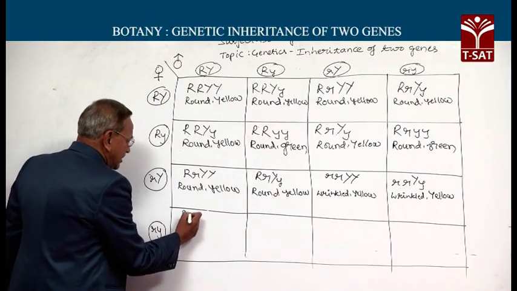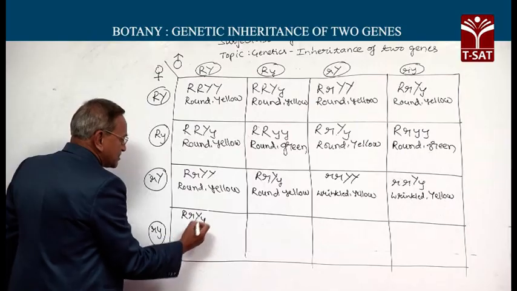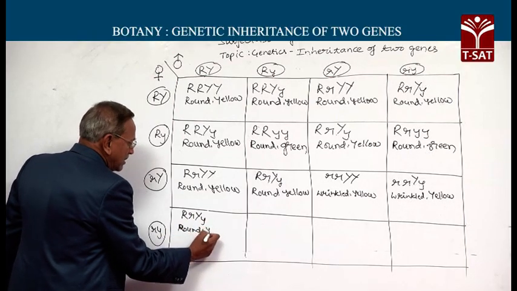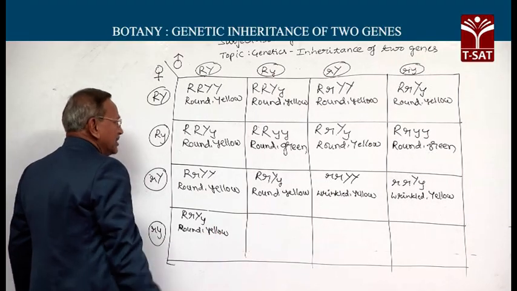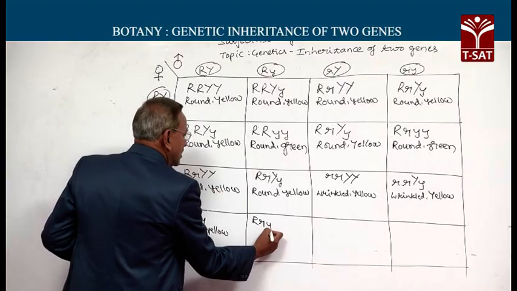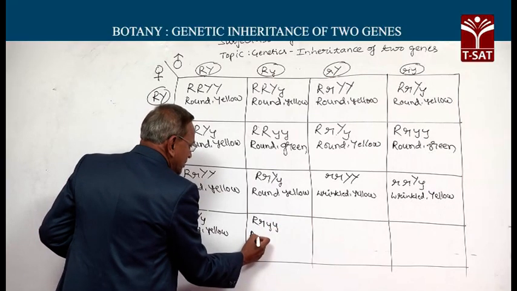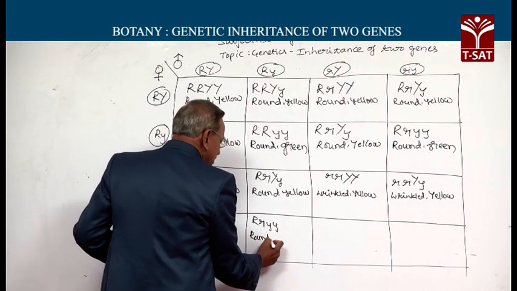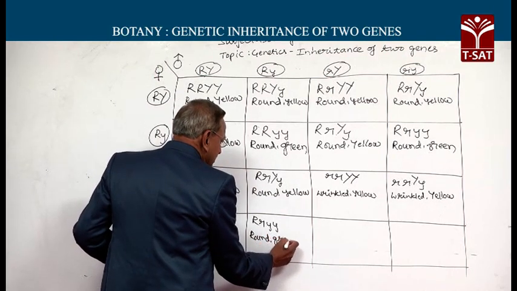Here it is capital R, capital R, capital Y, small y. This is round and yellow, round in shape, yellow in color. This is capital R, small r, small y, small y. Due to presence of dominant gene, it is round in shape and green in color.